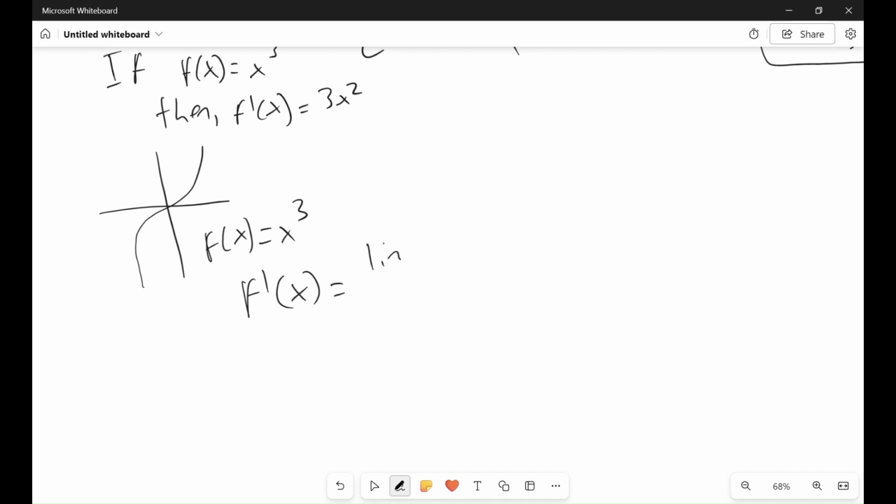This is equal to the limit as h approaches 0 of f of x plus h, so we have x plus h cubed minus x cubed all over h, and then we keep going.